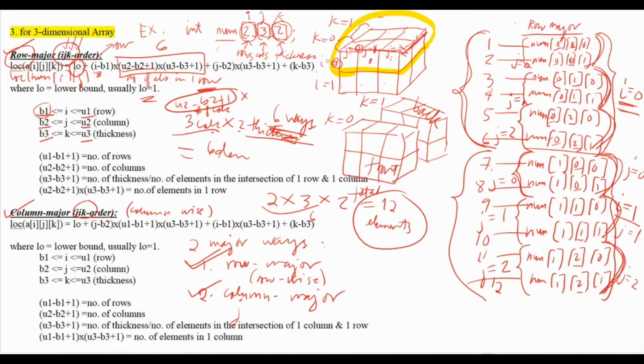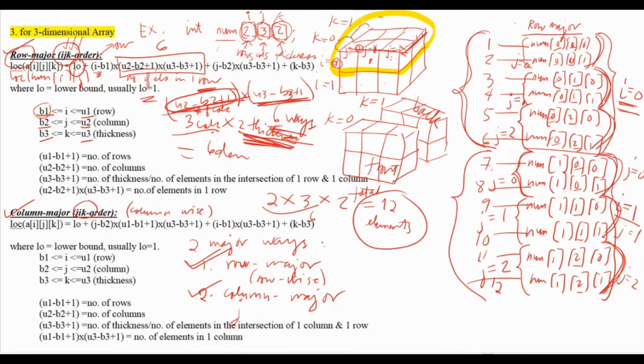Times the number of thickness, or the thickness is K, right? K is in terms of B3 and U3. So this would be U3 minus B3 plus 1. This quantity times this quantity, where this quantity is number of columns, and this quantity is number of thickness.